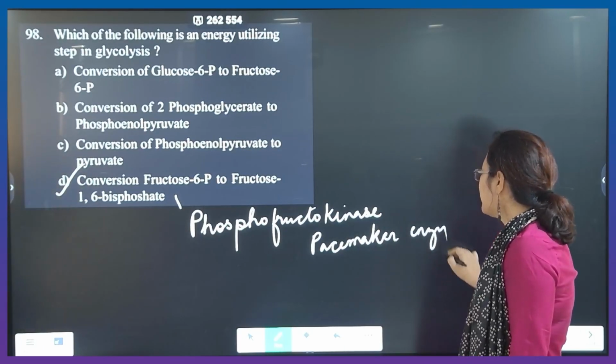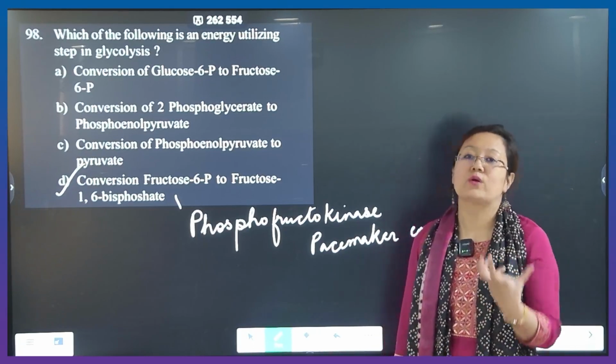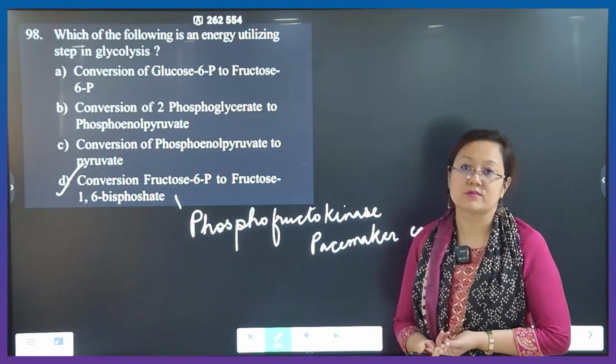It is a very important enzyme which controls the rate of glycolysis in the respiration process.